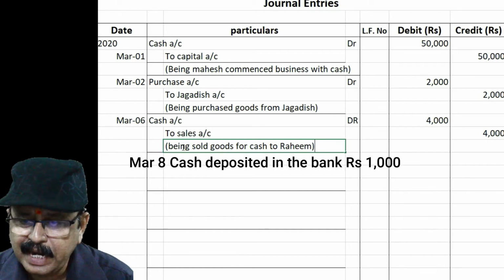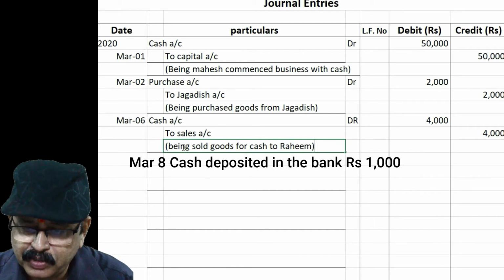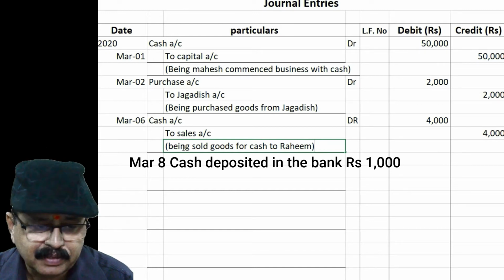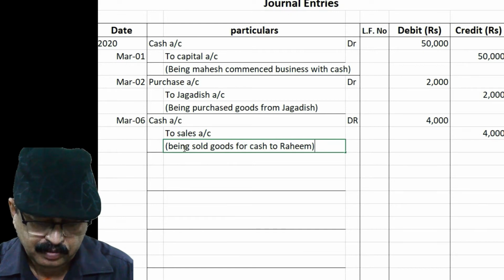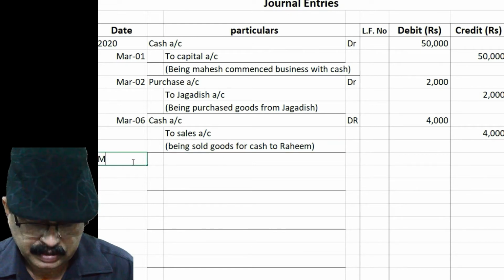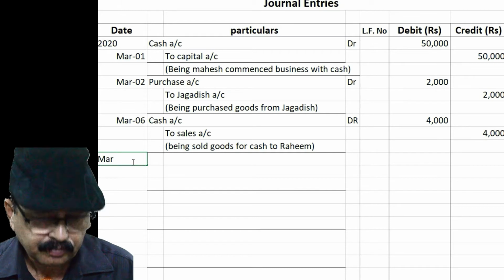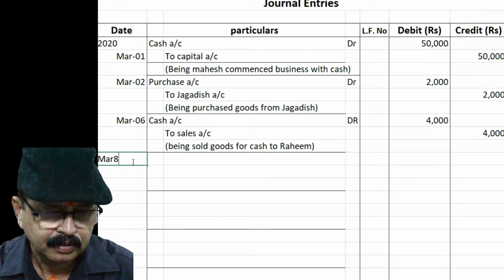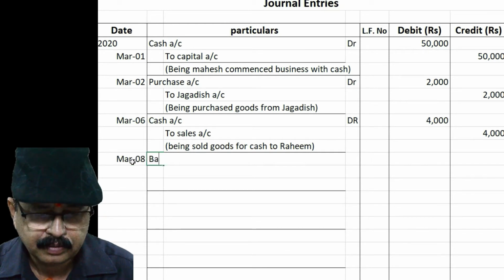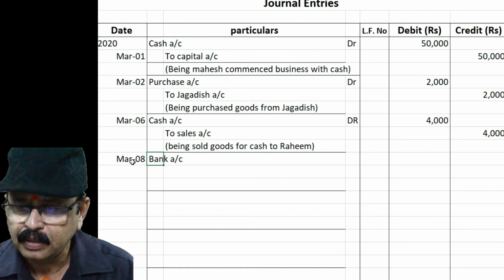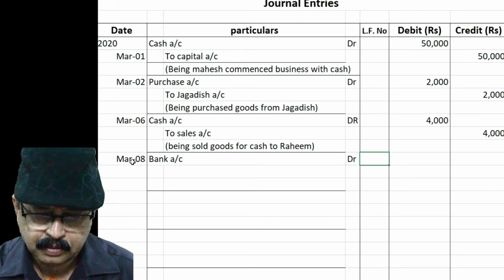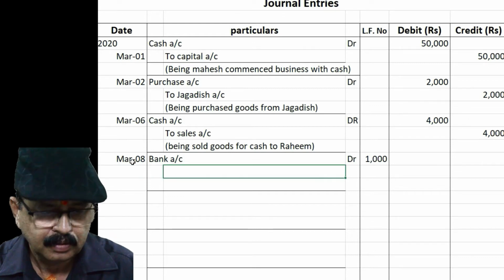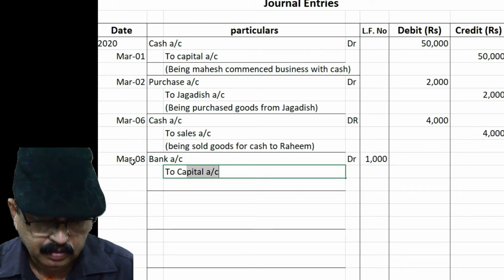Then March 8th, cash deposited in the bank. When we are depositing cash, cash is going, credit; bank is receiving, so bank account is debit. So here we write March, the date is 8th, then bank account, debit, amount 1,000, and here we write 'To cash account'.